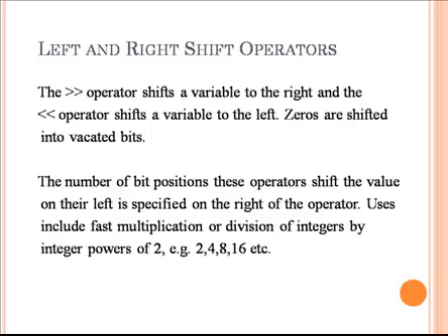Whenever you are performing A >> B, B specified number of bits we will lose at the right end, and that many bits are padded at the leftmost bit positions. That is, here B specified number of bits is 2. These 2 bit positions we will lose, and this many bit positions are padded with zeros at the leftmost end.